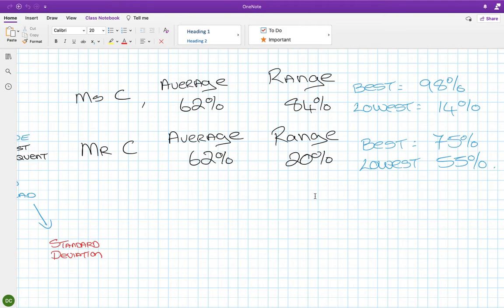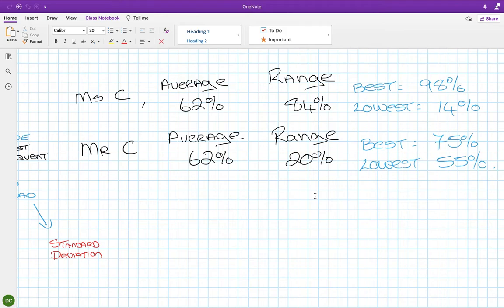Whereas Mr. Cummins actually has a class full of much more consistent students. So he doesn't have the 98, 99 percenters, but overall his class are much more consistent and he doesn't have people failing. Okay, obviously this is not based on real life data, but do you get the idea?